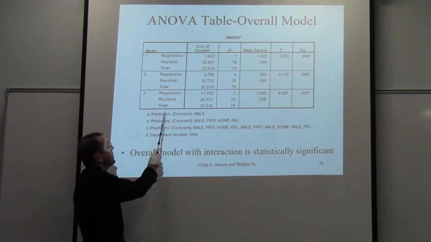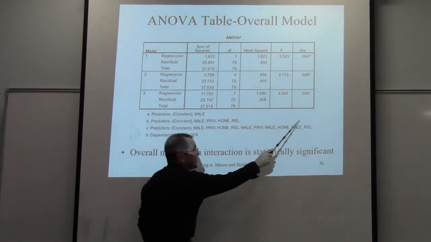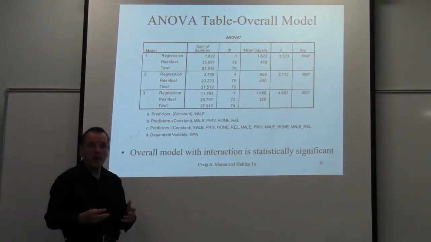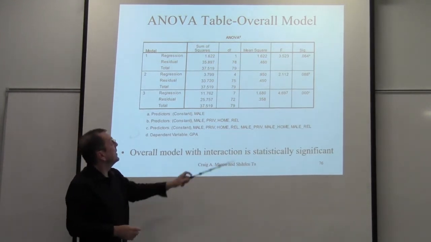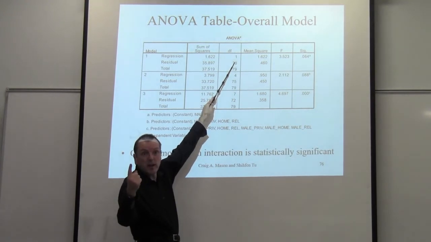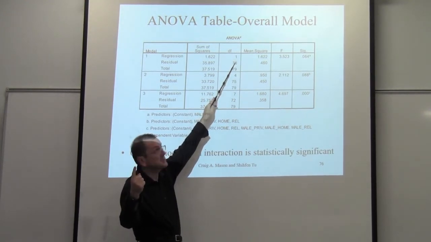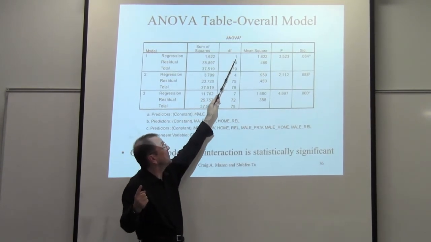And then in the third model, we have male, the three dummy codes for school type, and then we've entered the three interaction variables, the three terms for our interaction. Degrees of freedom: in the first model, because all we have is male, the degrees of freedom for regression is 1.